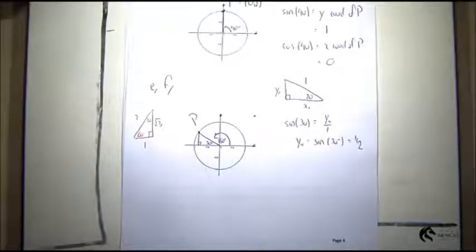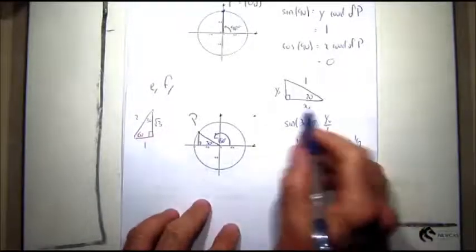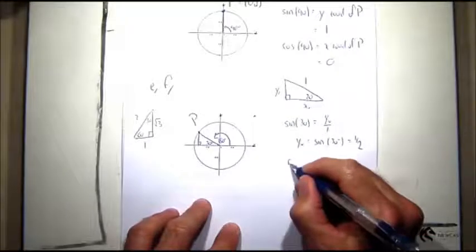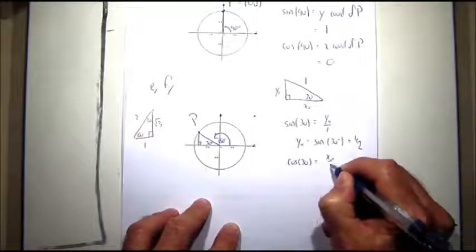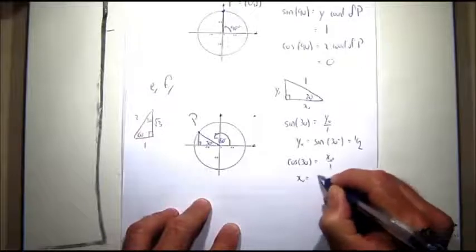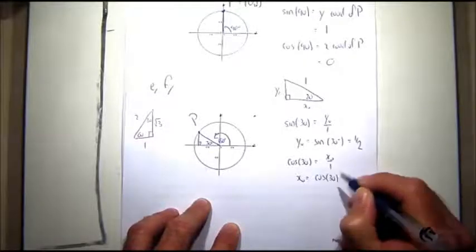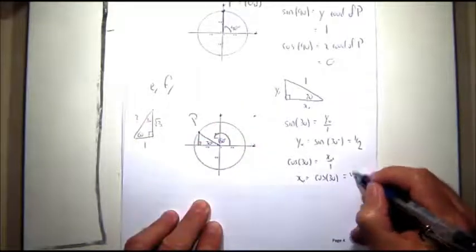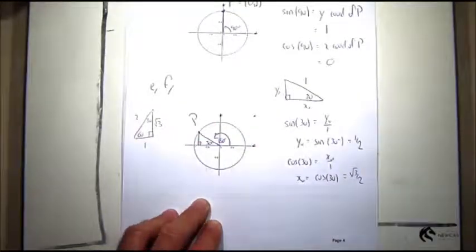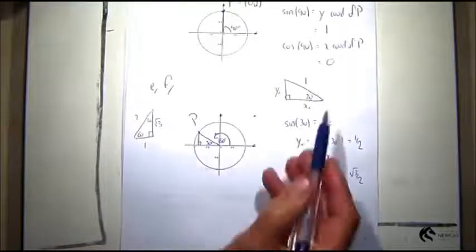Let me also work out the x-coordinate of P. So I'm going to work out this length here. And I have the cos of 30 degrees is x0 on 1. So x0 is the cos of 30. And over here, the cos of 30 is adjacent over hypotenuse. That's the square root of 3 on 2. That's the length.